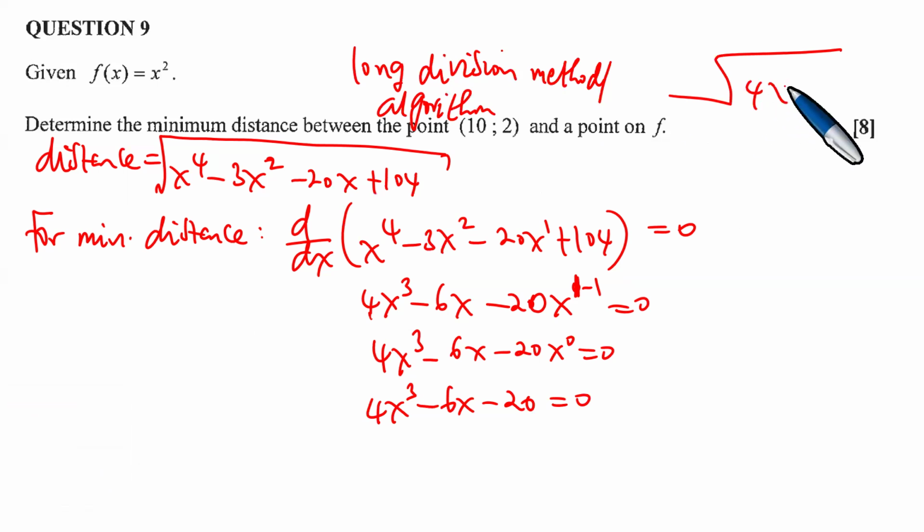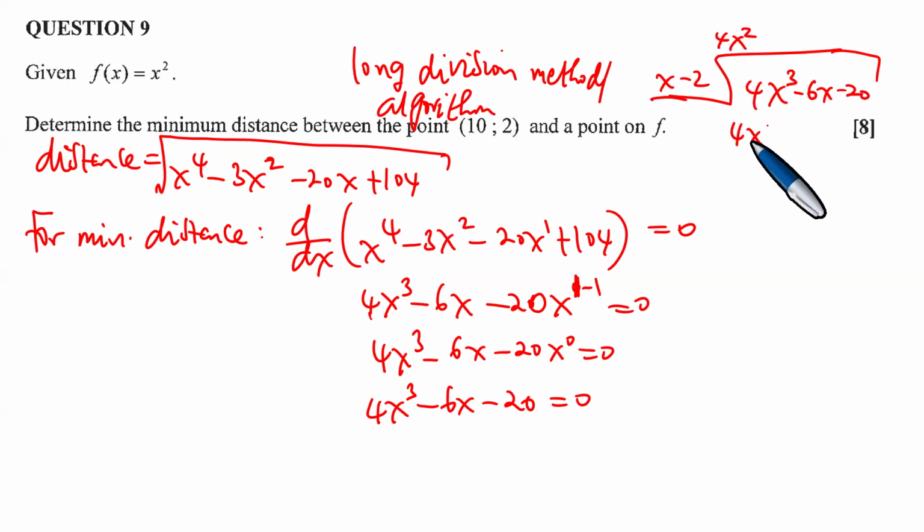So you're going to have 4x cubed minus 6x minus 20. I want us to divide this by x minus 2. To divide 4x cubed by x, you get 4x squared. x by 4x squared, we have 4x cubed minus 8x squared.